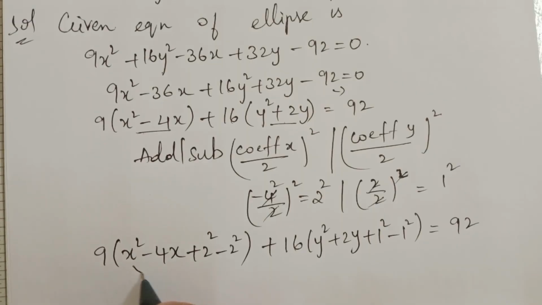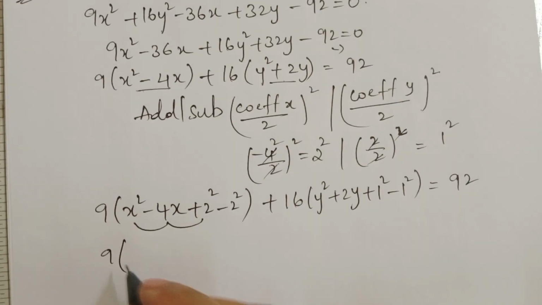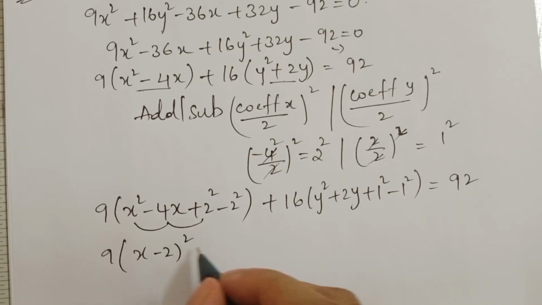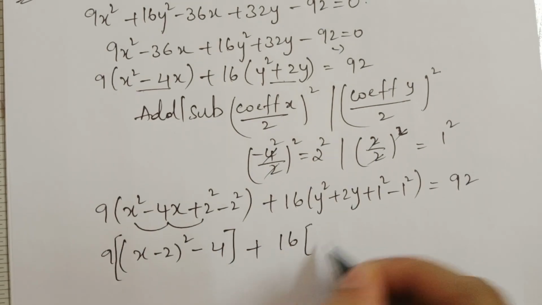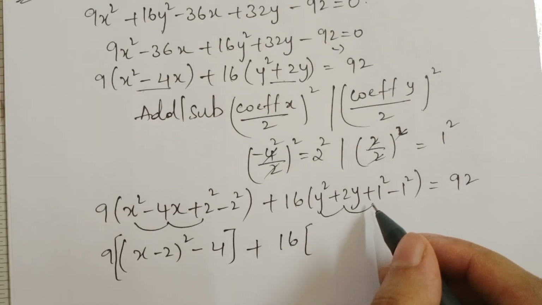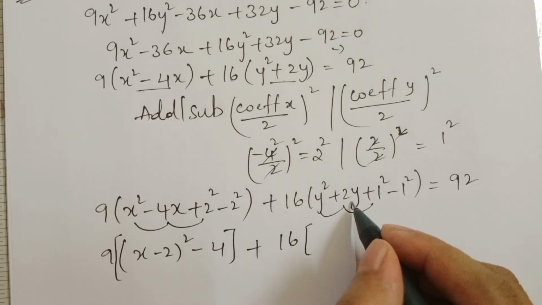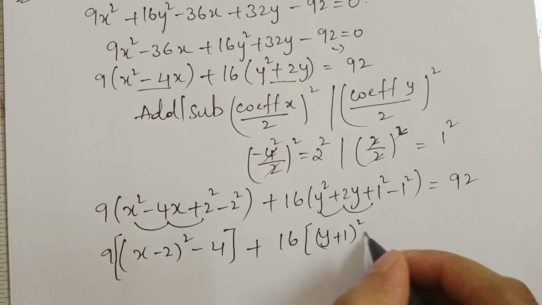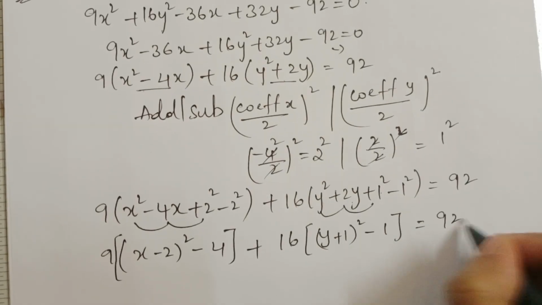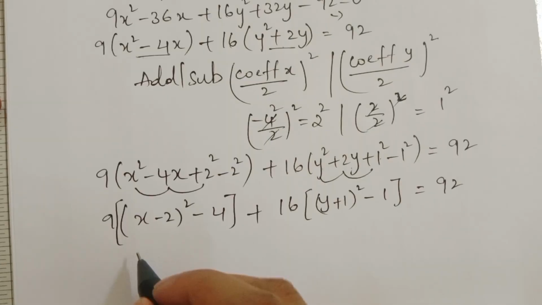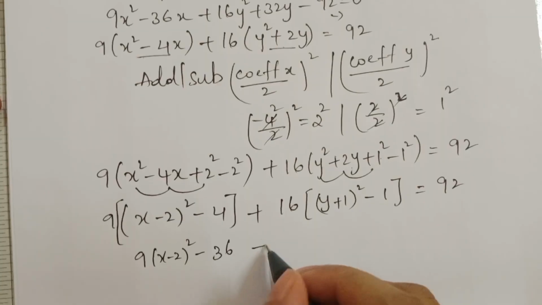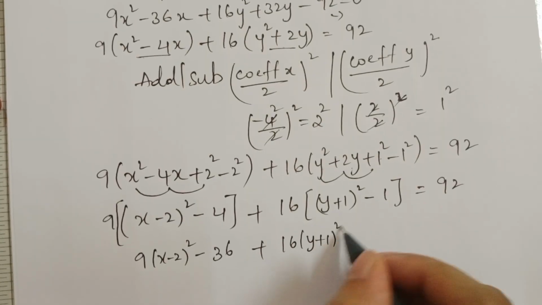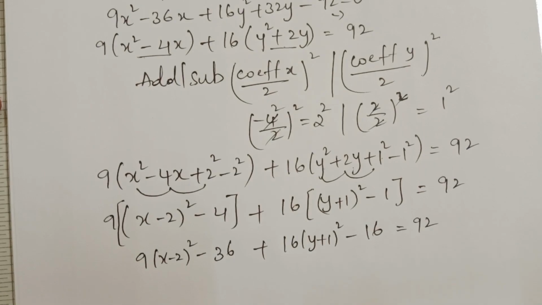Now a square minus 2ab plus b square is a minus b whole square, so we can write it as x minus 2 whole square minus 4, and a square plus 2ab plus b square gives y plus 1 whole square minus 1 square, which is 1, equals 92. Now multiplying 9 inside, it is 9 into x minus 2 whole square minus 9 into 4, that is 36, plus 16 into y plus 1 whole square minus 16 equals 92.